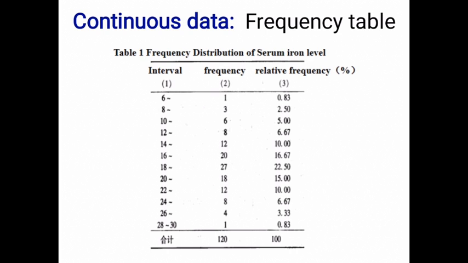And then we determine the range of the dataset. The range is the difference between the largest value and the smallest value. We need to subtract the smallest value from the largest value. It is the range of your dataset.